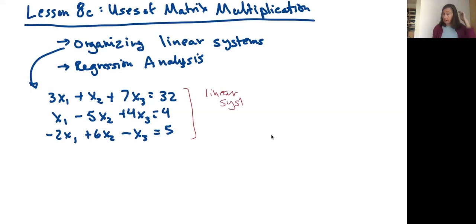It's a system because it's got more than one equation. It's linear because we have these three variables, x1, x2, and x3, but all we're doing is multiplying them by constants and adding them up. So there's no exponents, there's no multiplying x1 by x2 or taking logs.